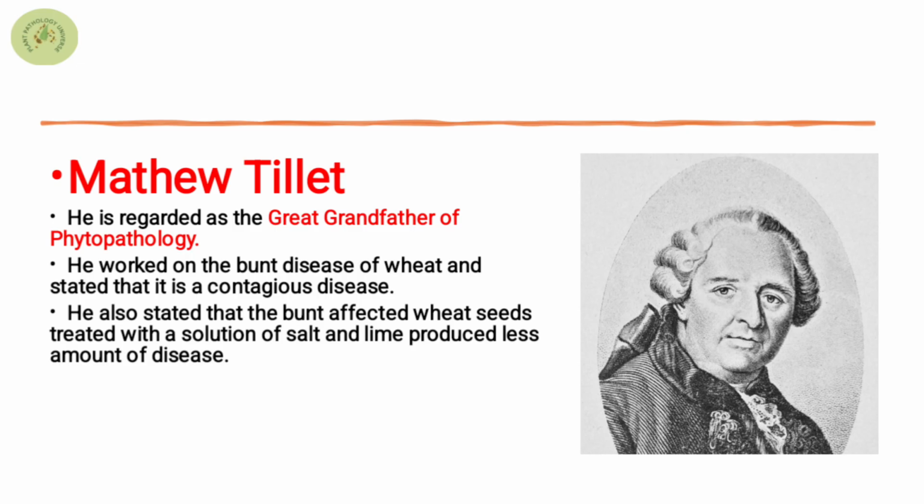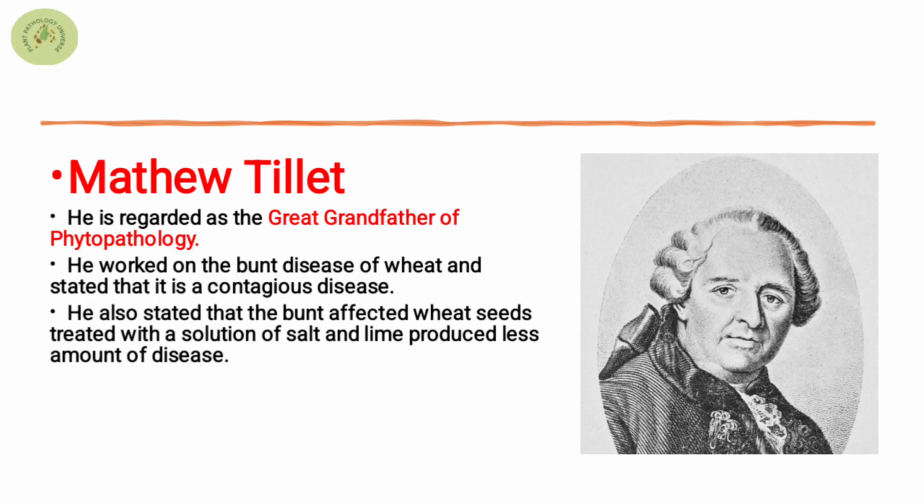As we have discussed the diseases of wheat, we have discussed the three important ones, that is the rust, bunt and the smut. He basically worked on the bunt disease of the wheat, and he stated that it is a contagious disease. Contagious disease means an infectious disease that is spread from an infected plant to a healthy plant.